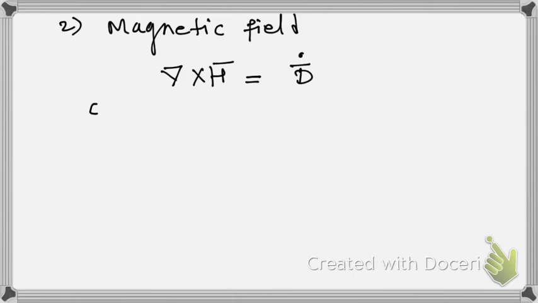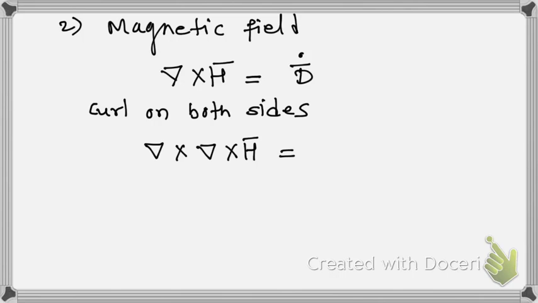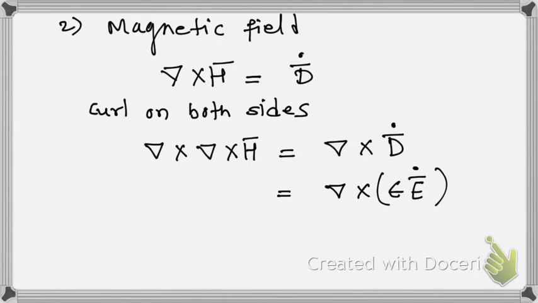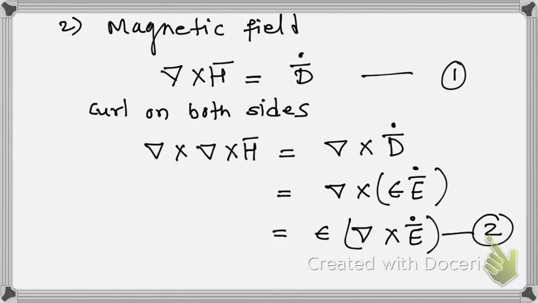Now taking curl on both sides, so it is del cross H bar is equal to del cross D bar dot. So it is del cross epsilon into E bar dot, that is equal to epsilon in bracket del cross E bar dot. We will call this equation 1 for magnetic field.